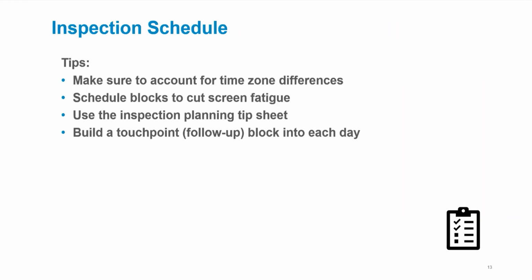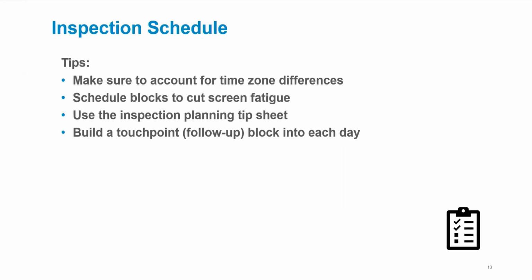Inspection schedules should be coordinated and clear between inspection site and inspection team. You should account for any time zone differences. This is especially important for international inspections. We recommend scheduling blocks of time throughout the inspection to provide flexibility for a busy laboratory and to minimize screen fatigue for staff.